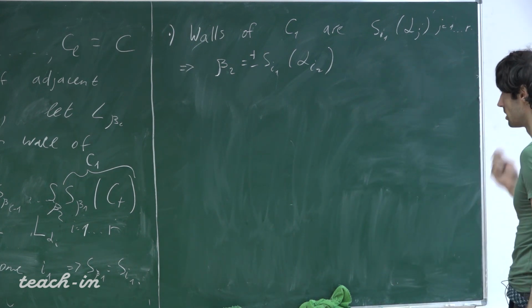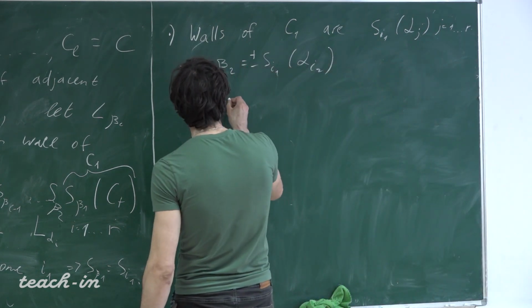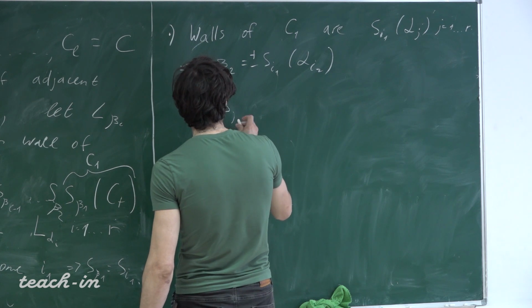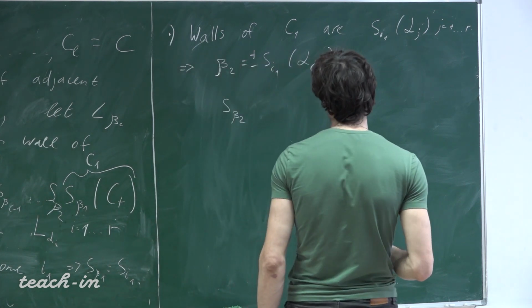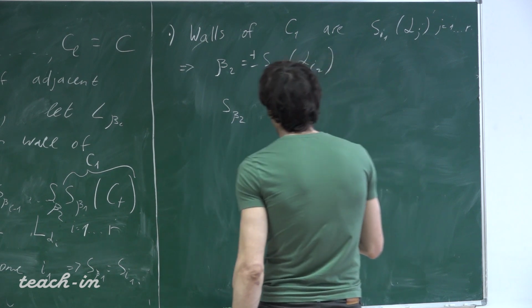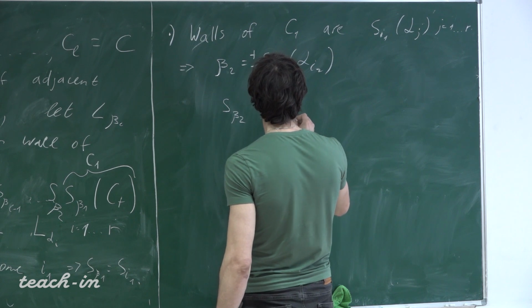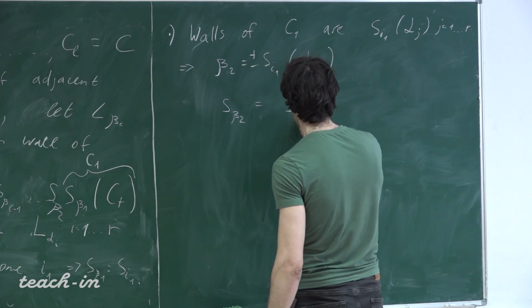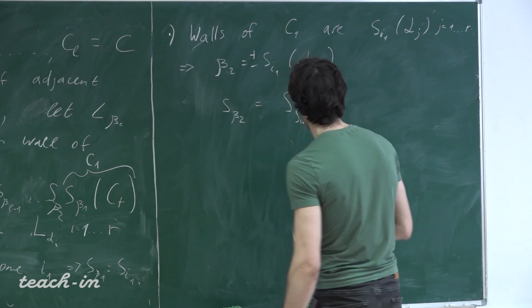All right, but what does it mean? Then let me write down S beta, then S beta 2, what it is. So this is S, and then with respect to Si1 of alpha I2.